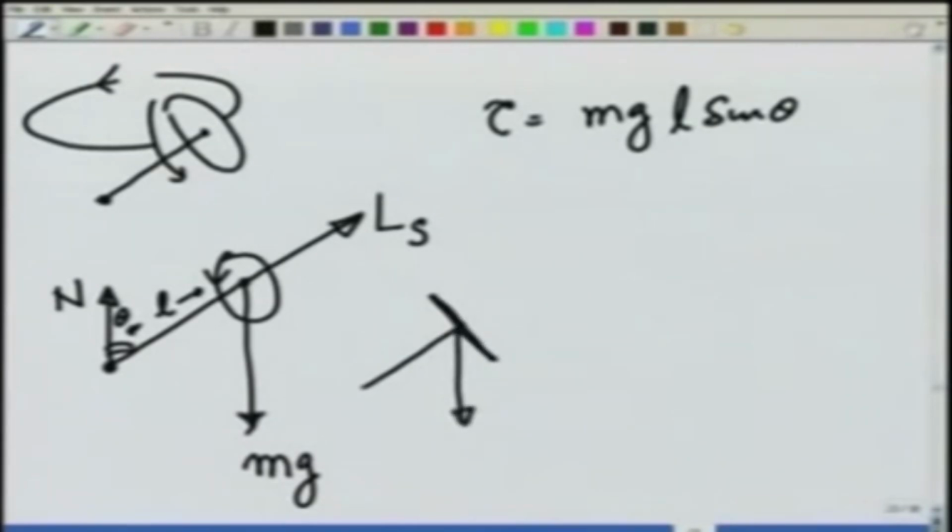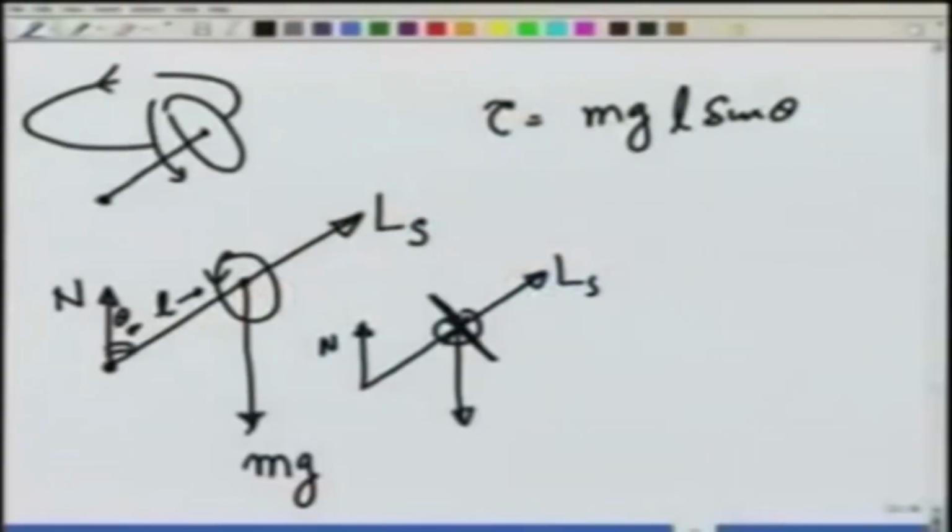This is mg, this is N. So the way I have shown it, the torque is going into the plane of the screen. So this L spin must change. And how does it change? It has to change direction. The delta L has to be into the screen.